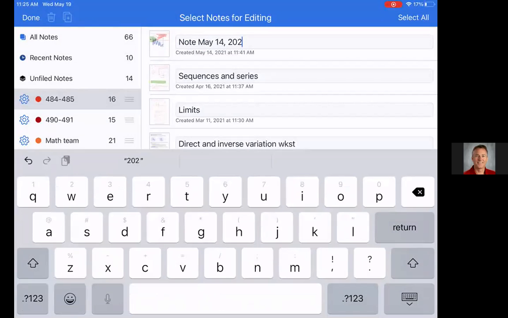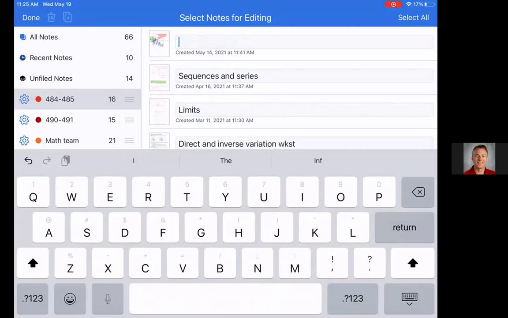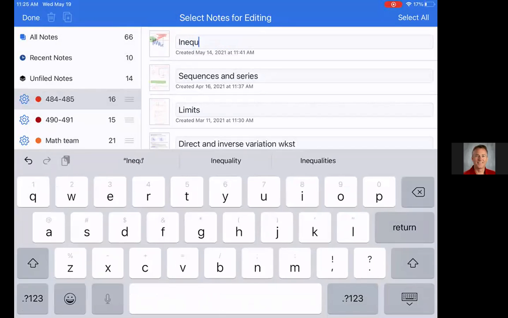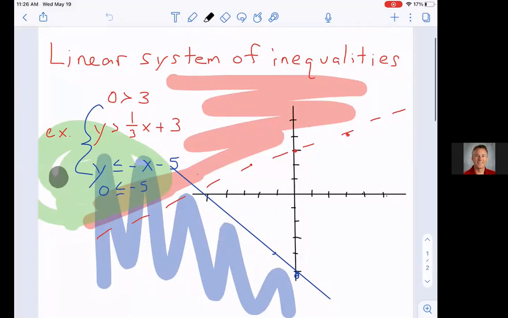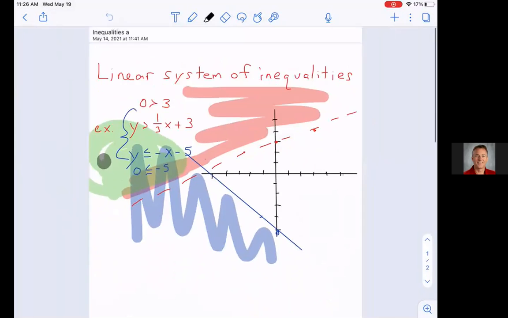All right, so I've got my inequalities here. And I'm going to go inside there. And just to show you, the last thing we were doing were the linear systems. Remember, we were doing the shading thing. Okay, we did that on Delta Math also.